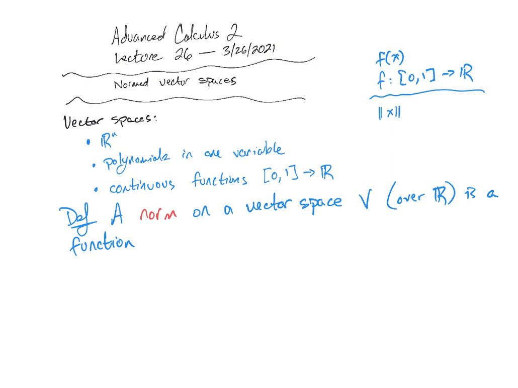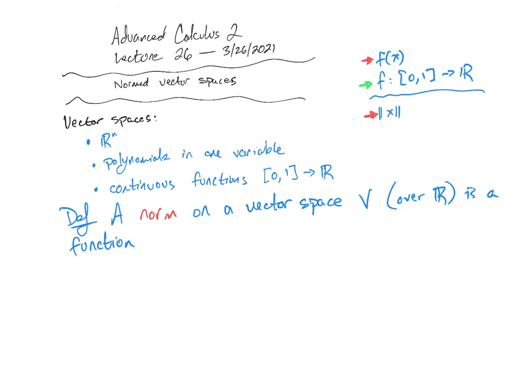So if our norm is denoted by double vertical lines around x, that's our version of f of x, well then what's the version of the second thing where we say what it maps from and to?